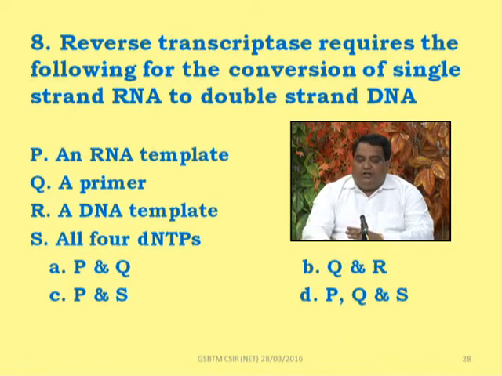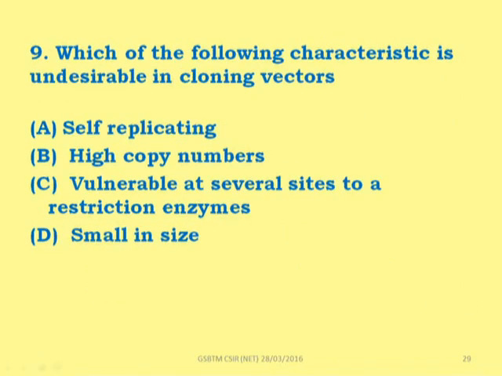So if we see the options, P is right, Q is right, but R is not right. A DNA template is not required by reverse transcriptase and dNTPs are required. So the answer will be P, Q and S. R is not included. P, Q, S is the right answer to this question.